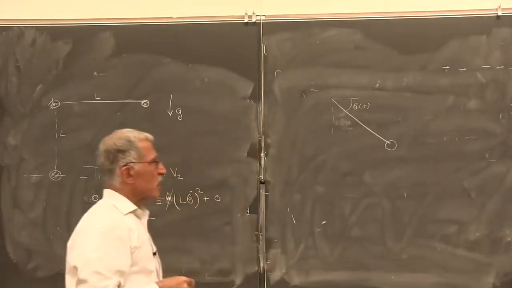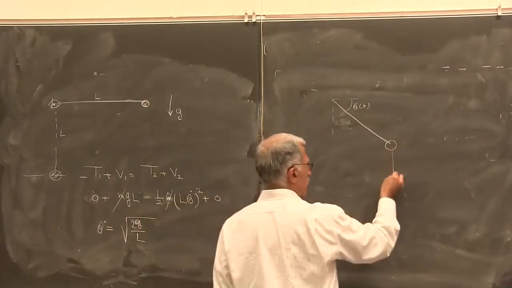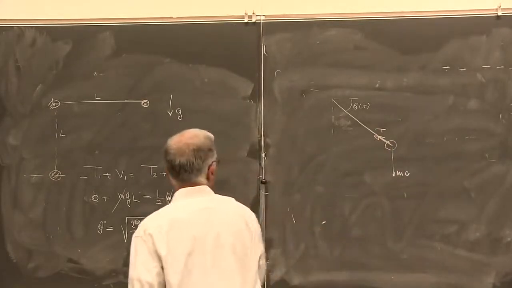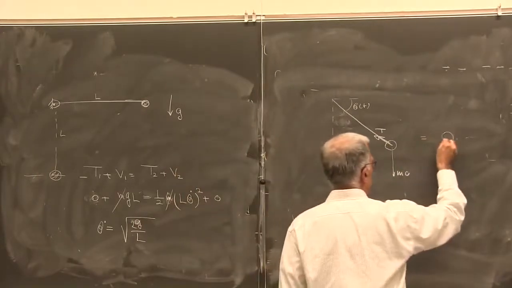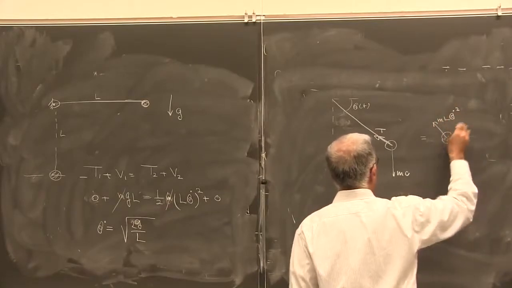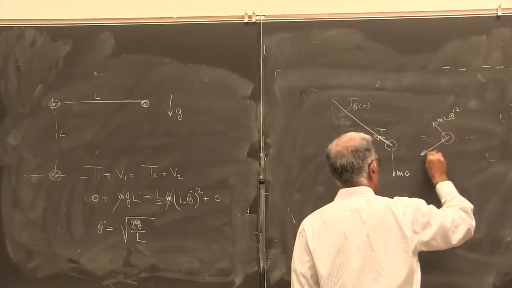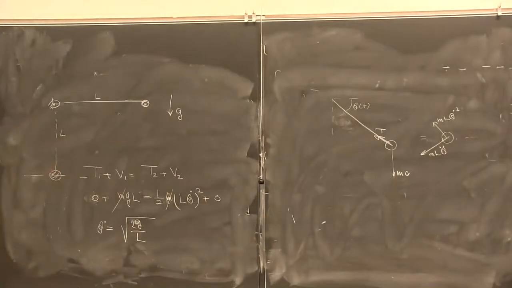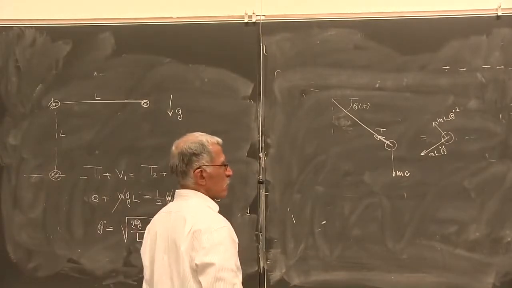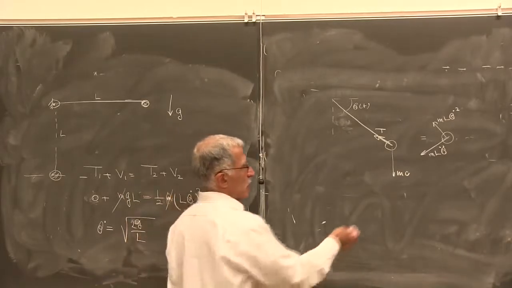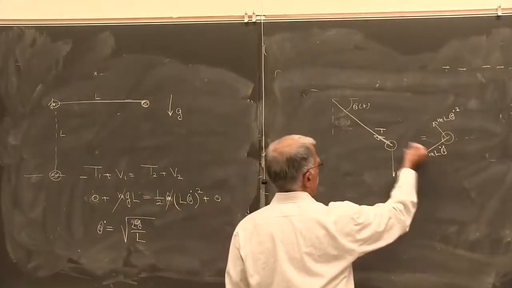This is my free body diagram, mg, and that's a tension T. As a result, this obtains mass times acceleration in this direction, ml theta dot squared, and it obtains acceleration in this direction, ml theta double dot.